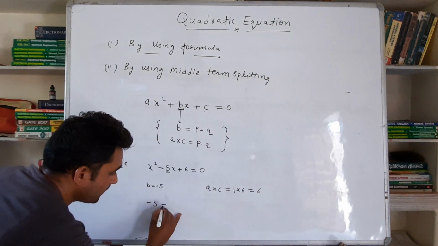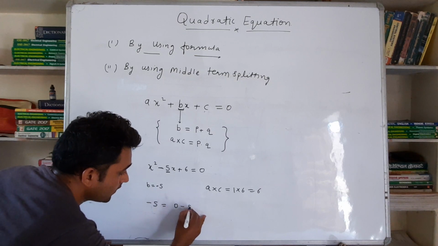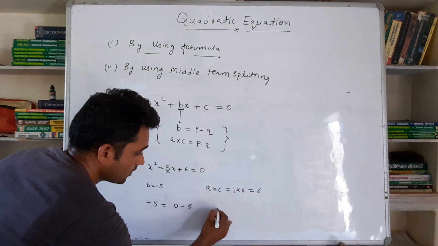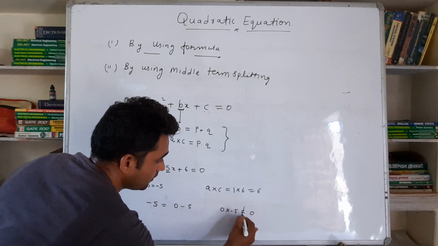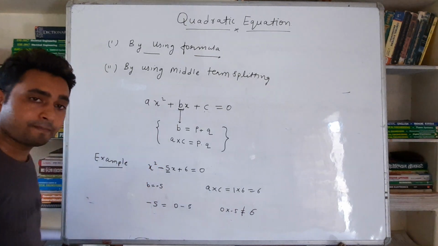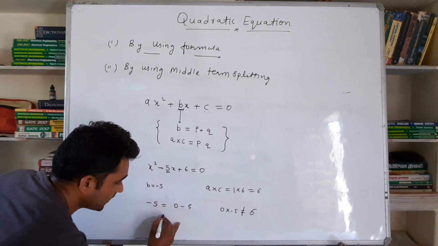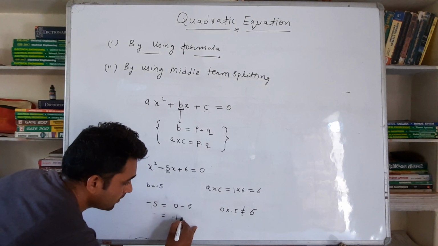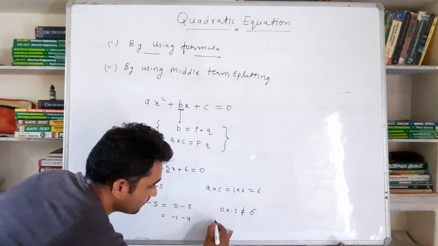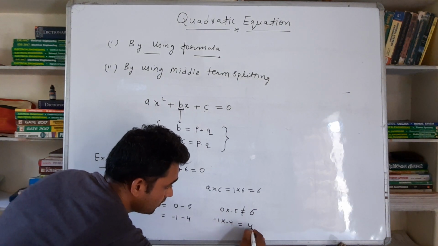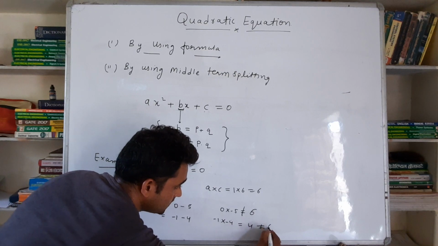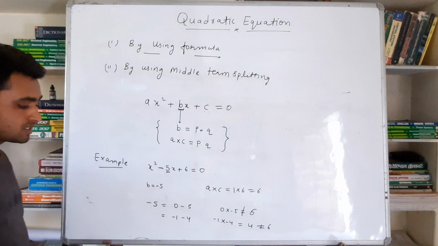So minus 5 can be broken into 0 and minus 5, but the product 0 into minus 5 is equal to 0, not equal to 6. Again, this can be broken into minus 1 and minus 4, but the product of minus 1 and minus 4 will be 4, which is not equal to 6.